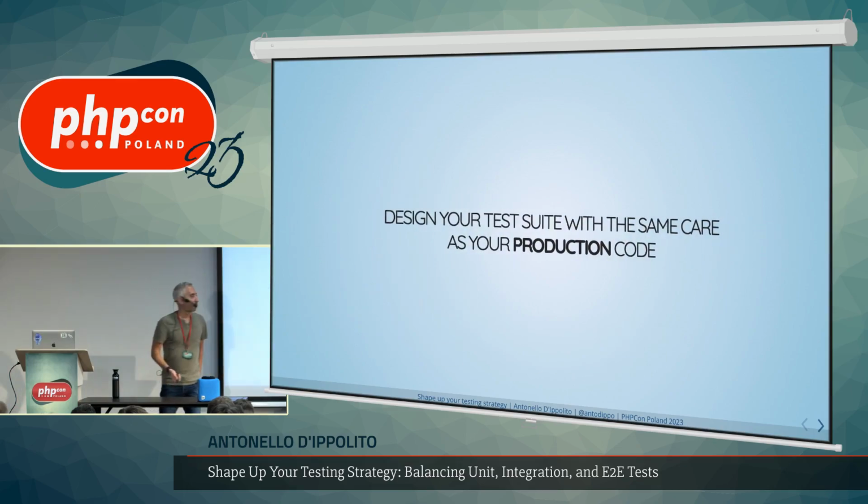That is, again, design your test suites with the same care that you do with your production code. I know it's expensive, but it has a return of investment if you do it properly. I've been in a monolith that started with a lot of end-to-end and integration tests, and then this monolith became big.